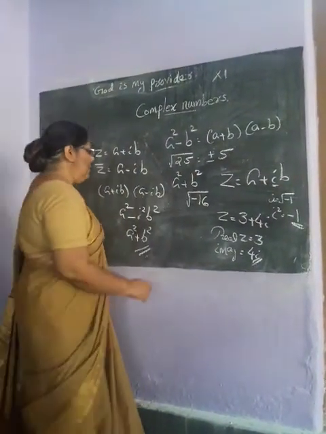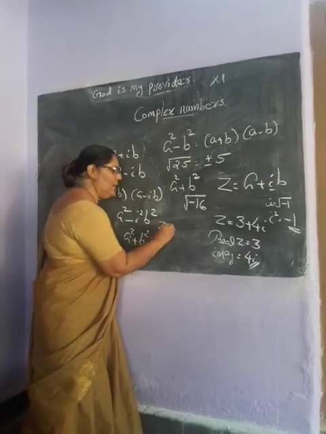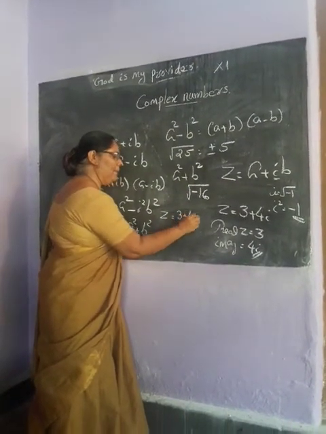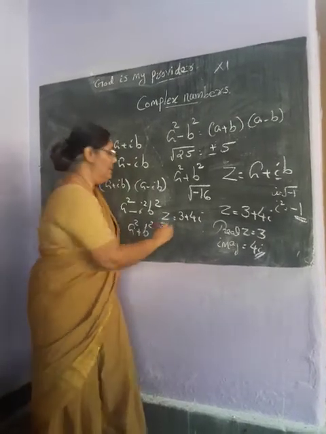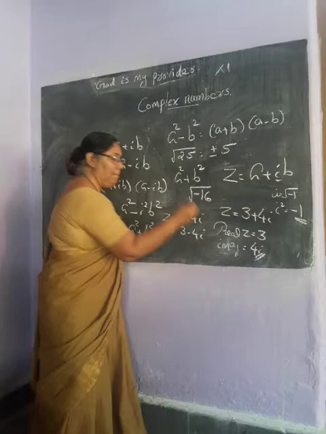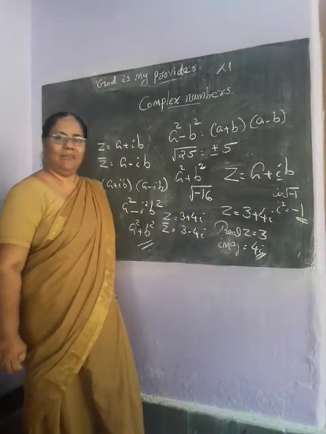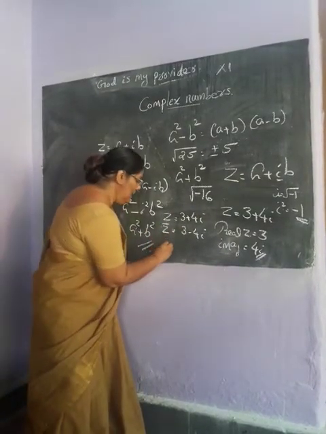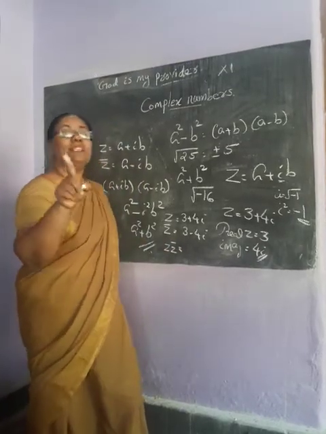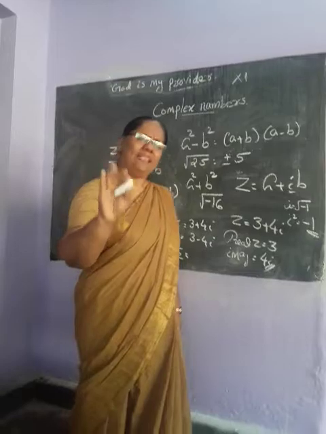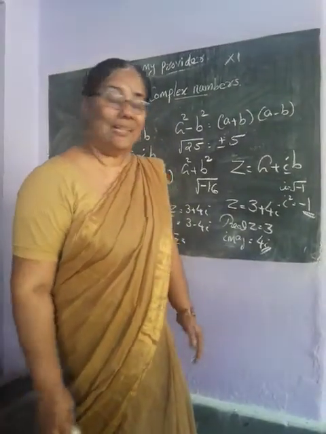And write one example also. Let z is equal to 3 plus 4i. Then what is the conjugate z bar? 3 minus 4i. Then what is z into z bar? It is equal to a square plus b square. Understand? Apply just that formula, a square plus b square.